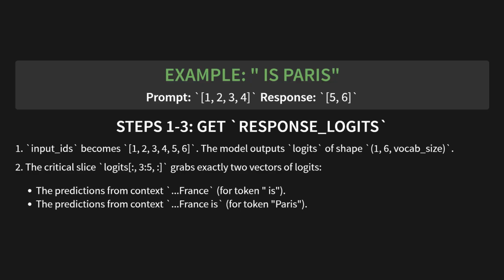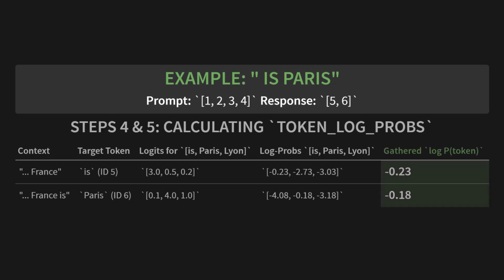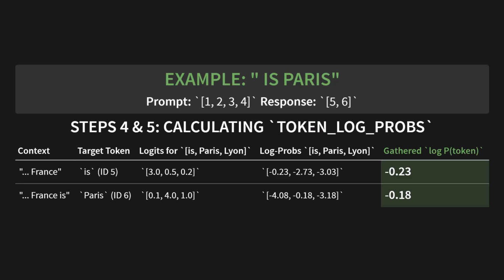The first vector is the prediction from the context "France", which is for the token "is". The second vector is the prediction from the context "France is", for the token "Paris". It's so precise. Now let's look at this table to see steps 4 and 5 in action. Let's go really slow here.